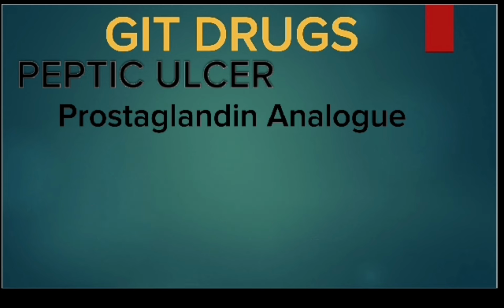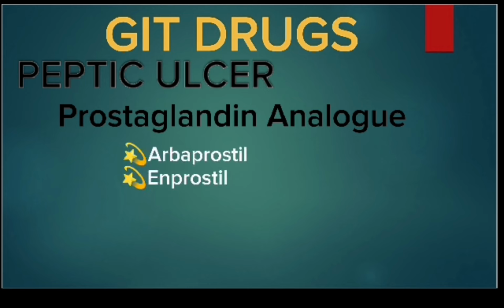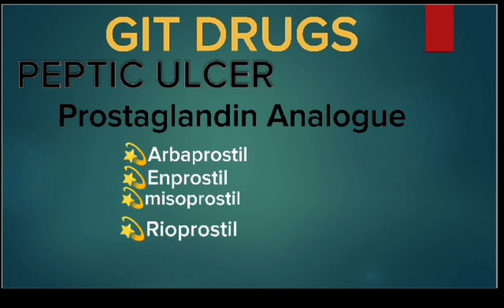The prostaglandin analogue drugs include arbaprostil, enprostil, misoprostol, rioprostil, and rimoprostil, and all these drugs can be given in a dosage of 100 to 200 milligrams.